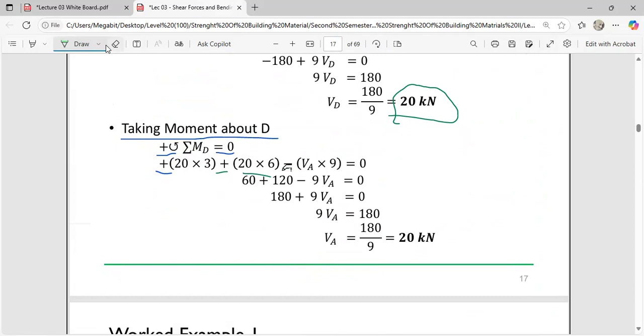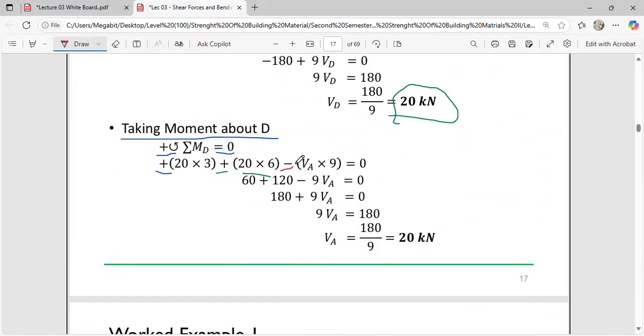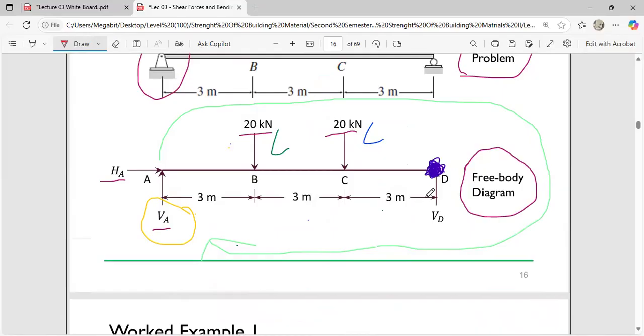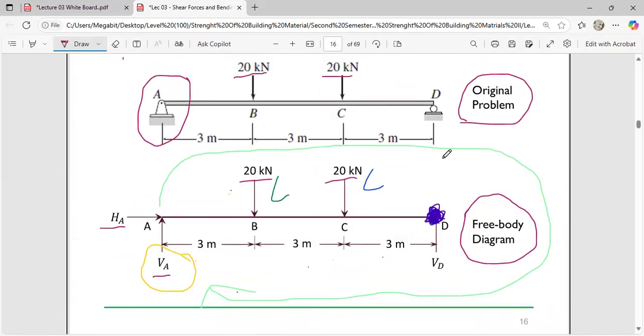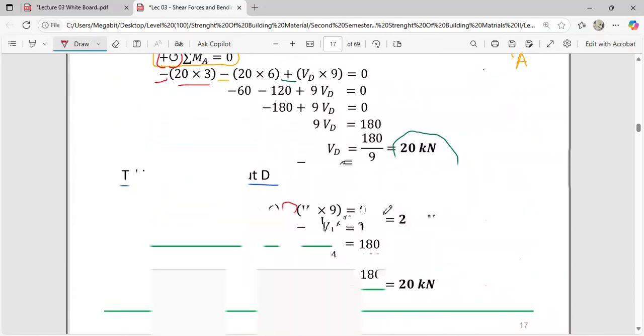This VA is multiplying the whole 9, because we said force times distance. So VA times 9, and this is equal to 0.